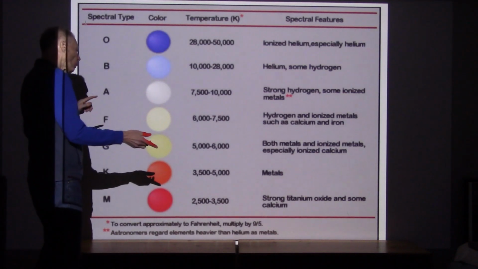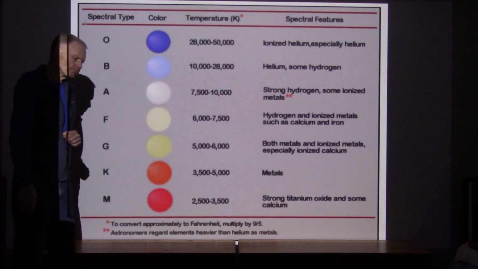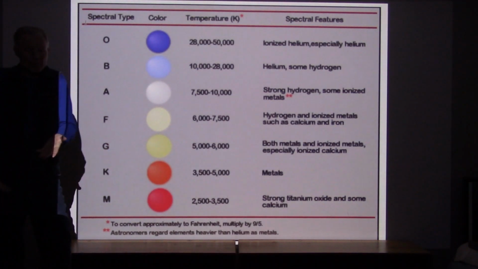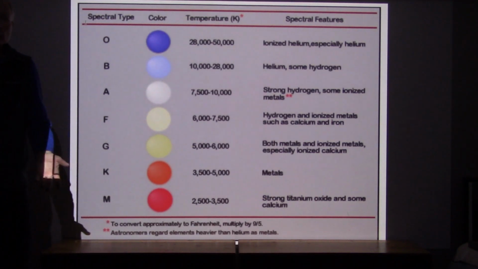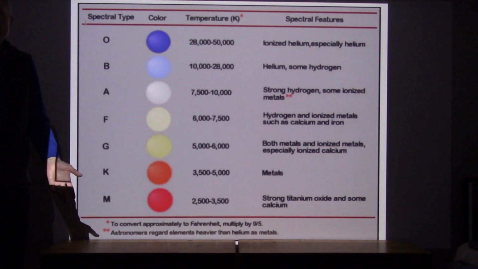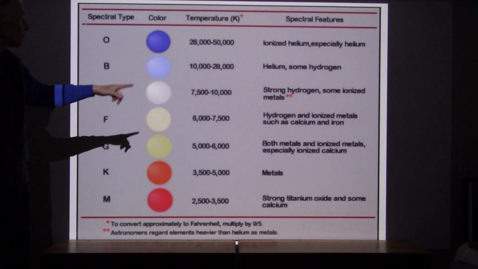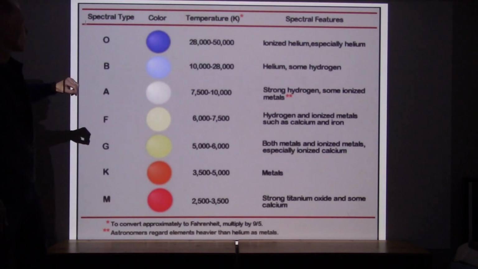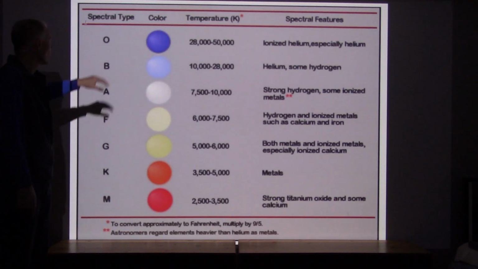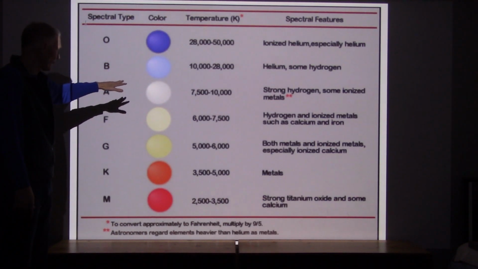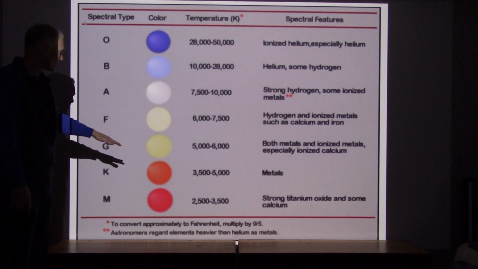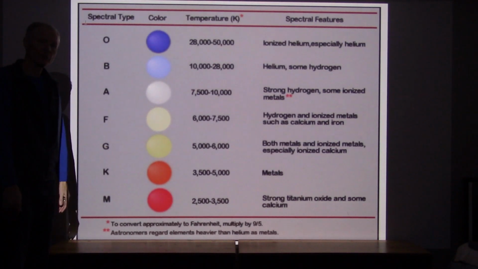So what we want to do is determine what the surface temperature of a star is. It's probably useful information, and we have a method, going back to formulas from chapter 37. We can look at the peak wavelengths for different stars and determine what their surface temperatures are.